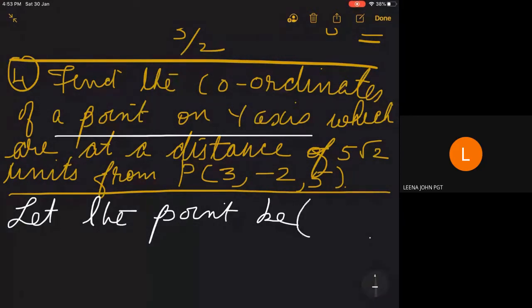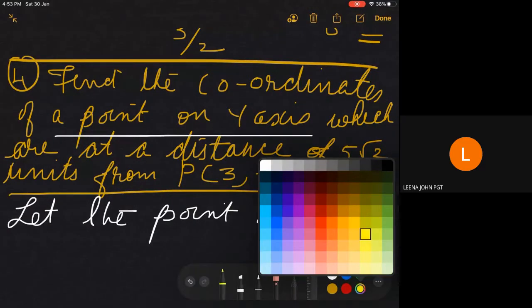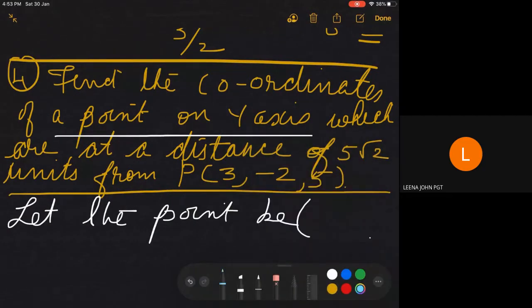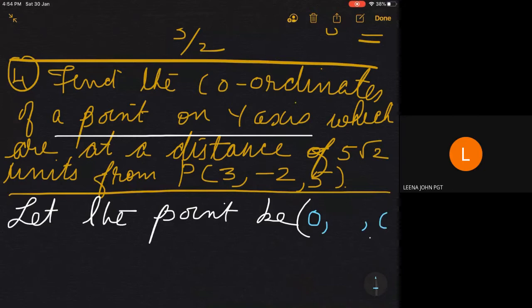The x coordinate is 0 and the z coordinate is 0. The y coordinate may be a non-zero number, so we can take it as a.